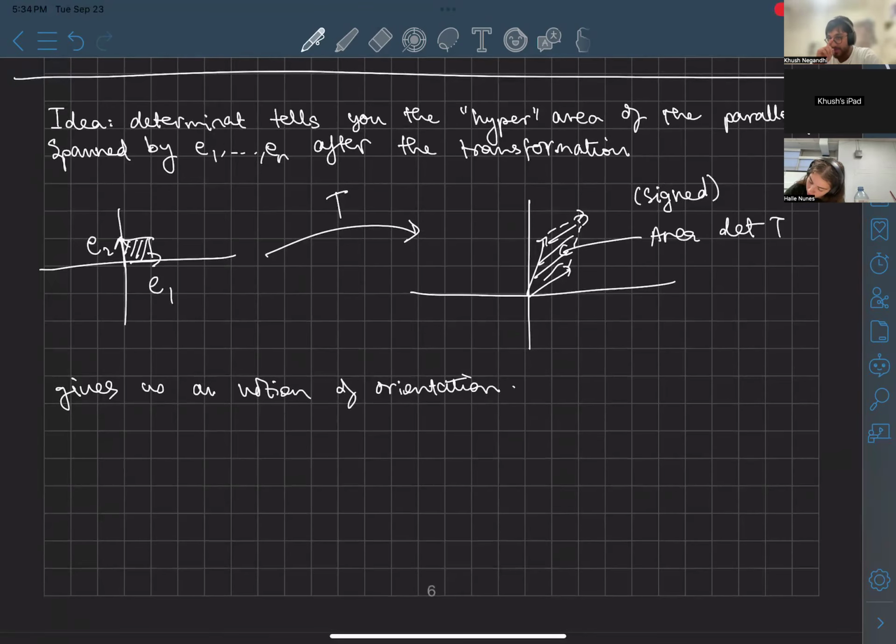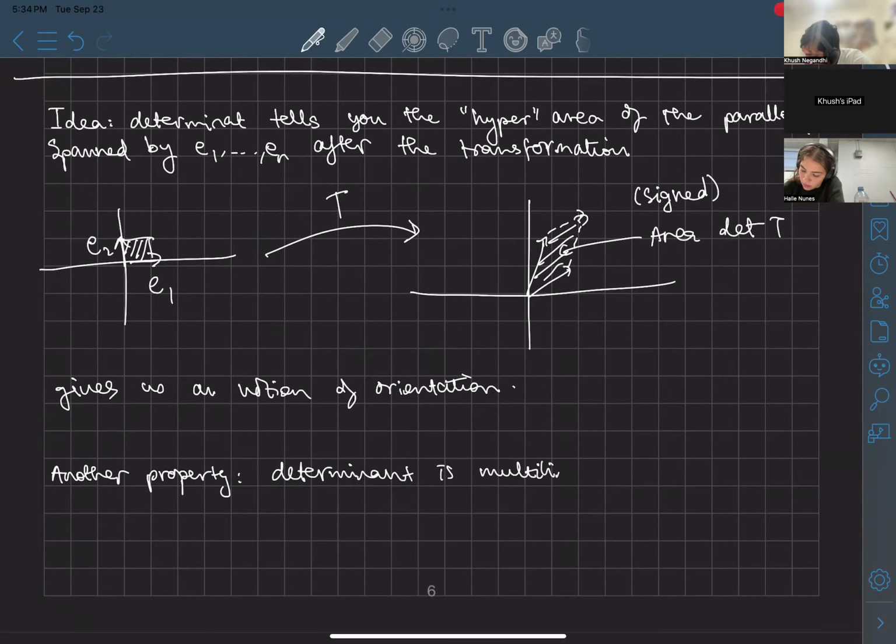Another property of the determinant, right, is that the determinant is multilinear in the columns of a matrix.